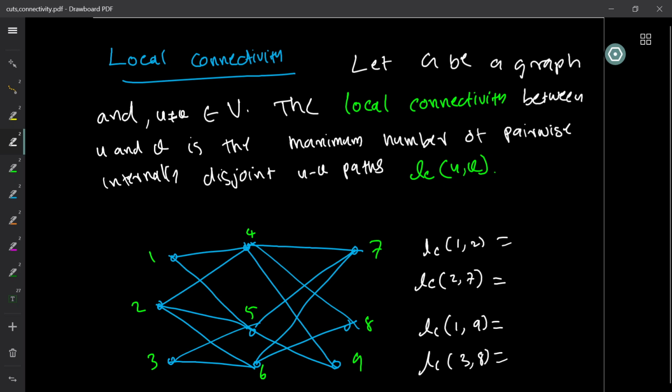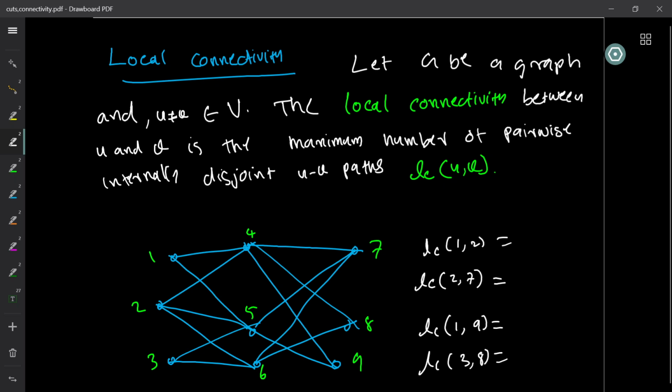So now we define what is called local connectivity. Suppose you have a graph, and you have two vertices which are distinct, so U and V are distinct vertices. Then I define the local connectivity between these vertices U and V as the maximum number of pairwise internally disjoint UV paths.